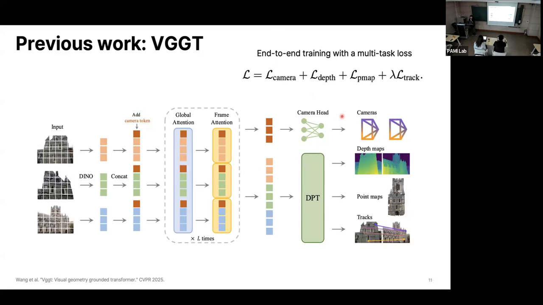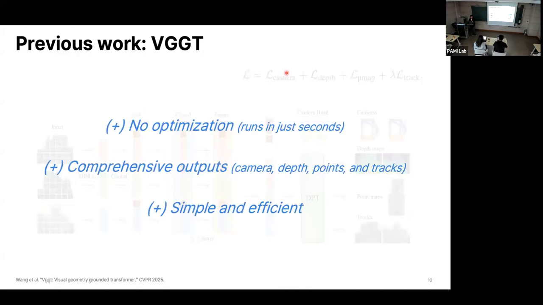As I explained before, they have many 3D attributes, so they train all of these components in an end-to-end manner. The architecture is very simple. VGGT doesn't need time-consuming optimization, and they can get comprehensive outputs that are also simple and efficient.